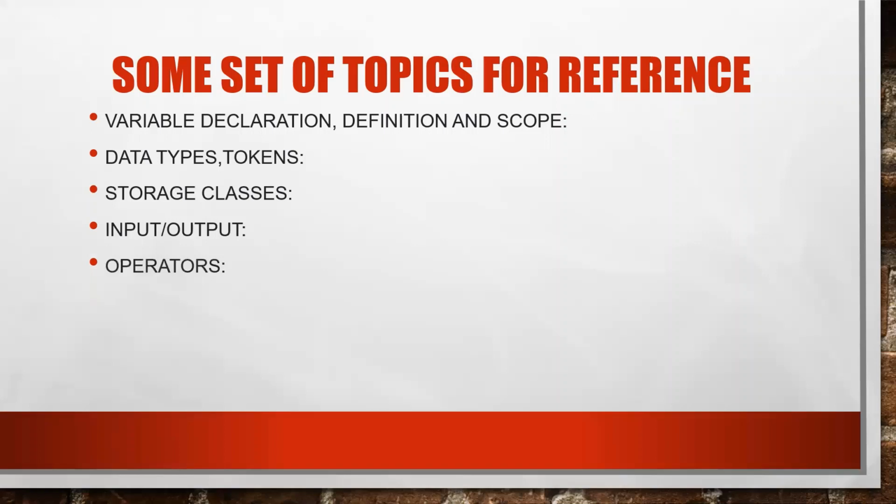And next one is the operators. There are various types of operators like pre-increment operator, post-increment operator, as well as pre-decrement operator, post-decrement operator, and also we have other operators like bitwise right shift operator, bitwise complement operator, bitwise left shift operator.